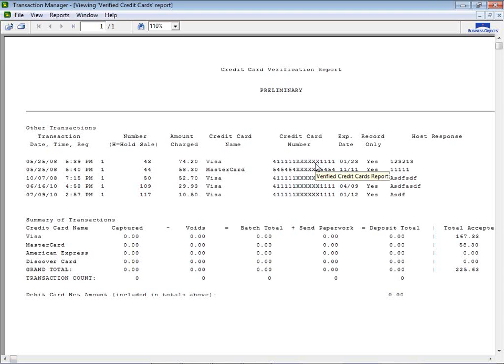This is PCI. We are not allowed to print that full number. In fact, we don't save it even after the end of the day. Expiration, record only, and the response we got back when the sale was verified. Then you get your totals at the bottom by the different types of tenders that are verified, and those should correspond to your batch totals.